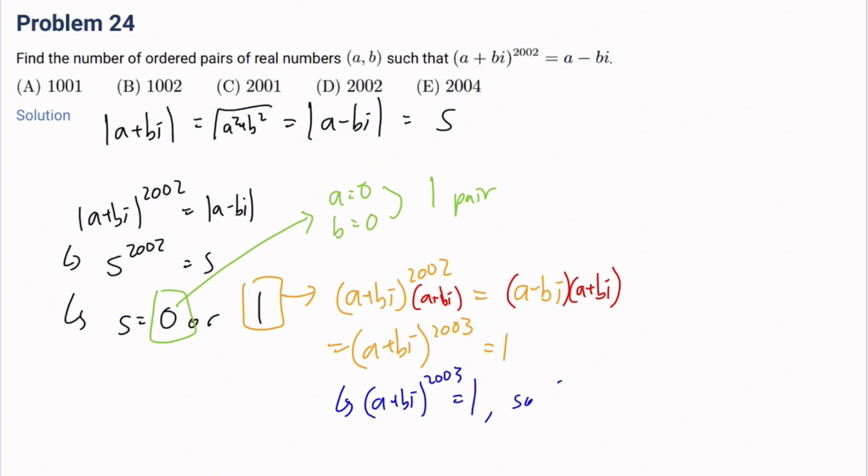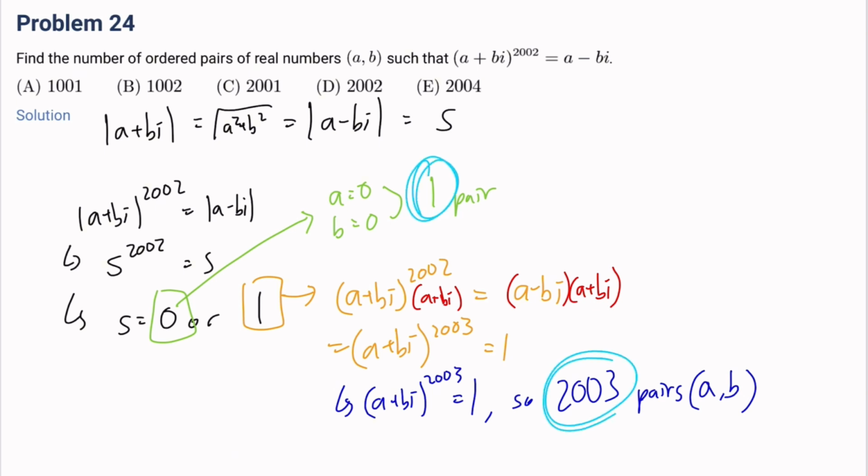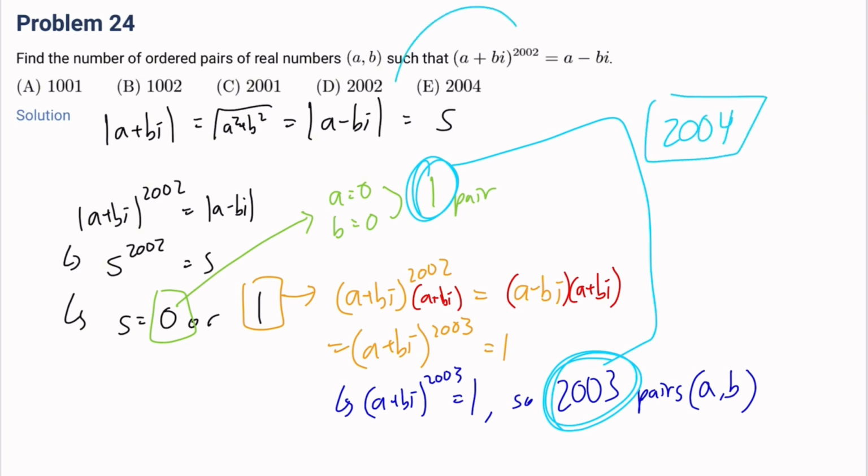So we have 2003 pairs of a and b, right? So we had 1 pair and we had 2003 pairs. So if we add them together, we get 2004 pairs. So the answer is E.